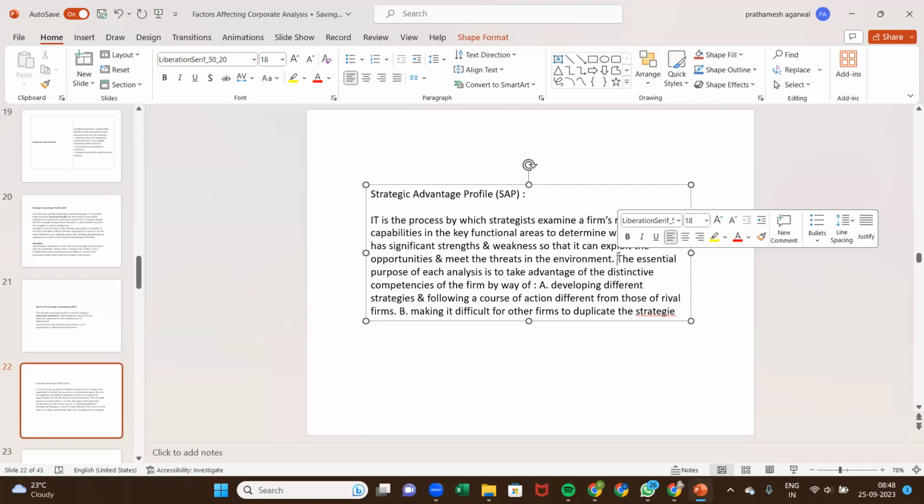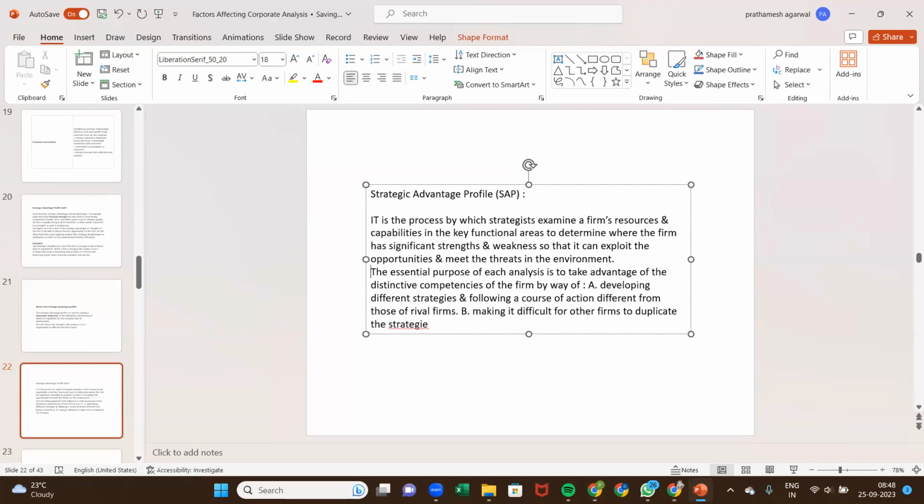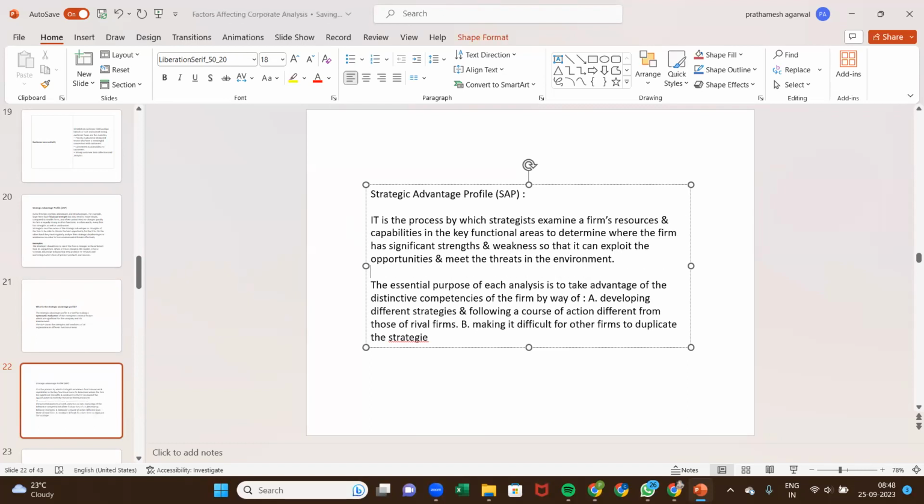So SAP is dealing with the strengths and weaknesses of each and every functional department in the organization, and side by side it is also trying to exploit opportunities and meet the threats in the environment.